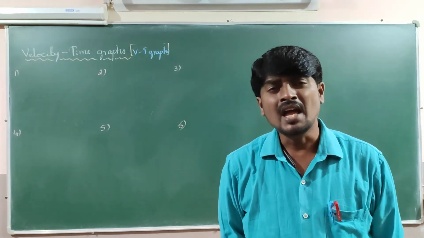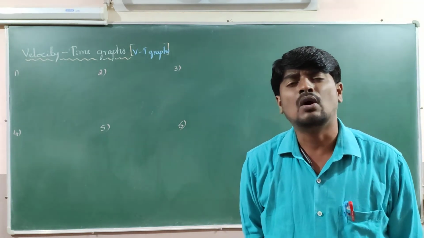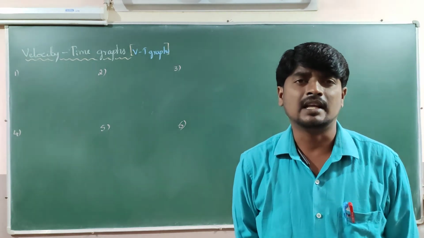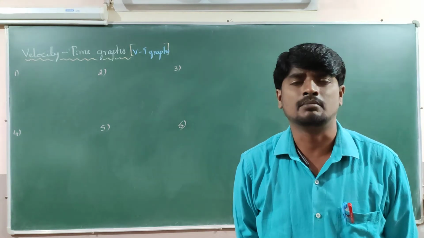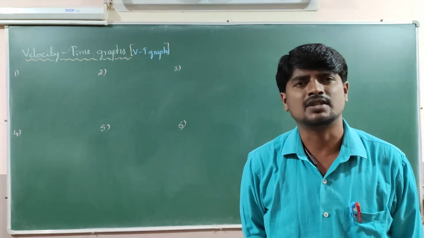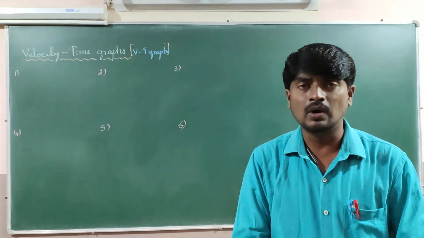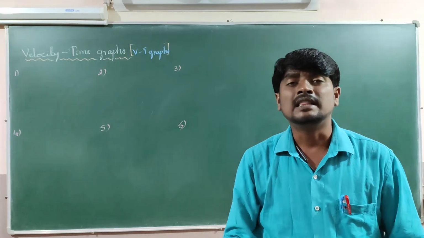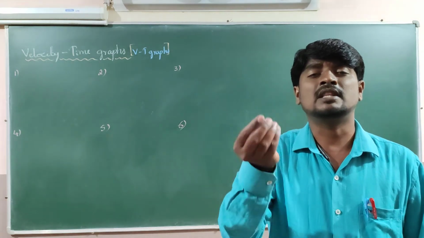Then, if the velocity of the object changes irrespective of time, that is an increasing acceleration or decreasing acceleration. Or if I throw an object upward, then it will come back downward. That means there is an acceleration in the downward direction.